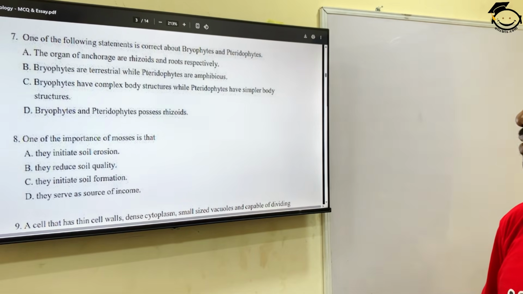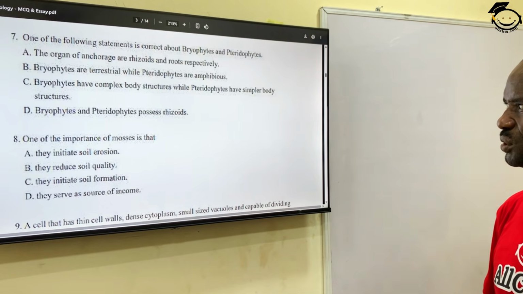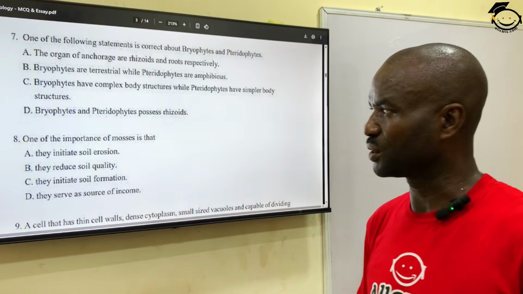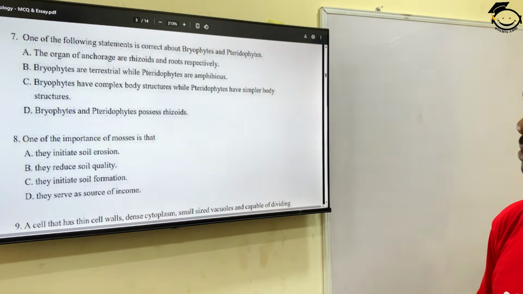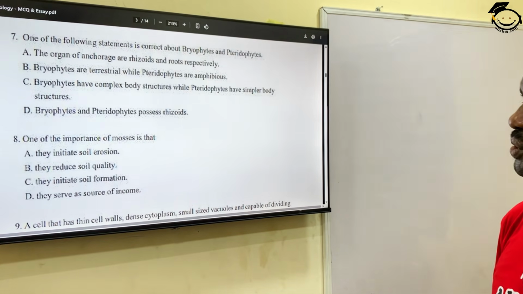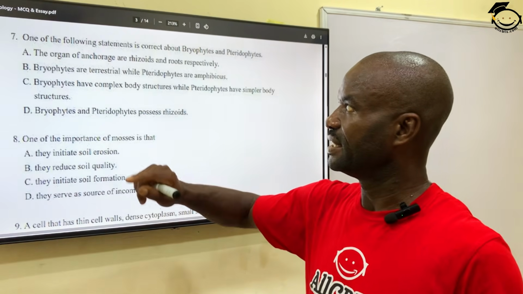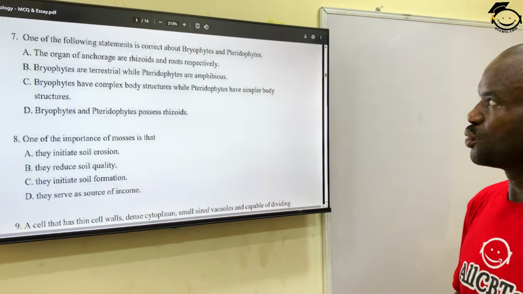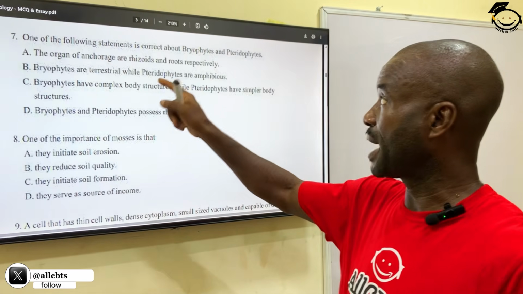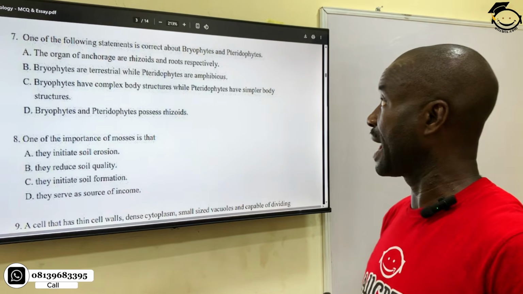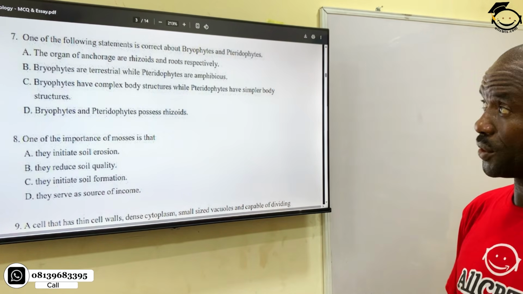C. Bryophytes have complex body structure, while pteridophytes have simple body structure. The last option, bryophytes and pteridophytes possess rhizome. No. The correct answer is A. For bryophytes they are rhizoids, while pteridophytes have roots in them.